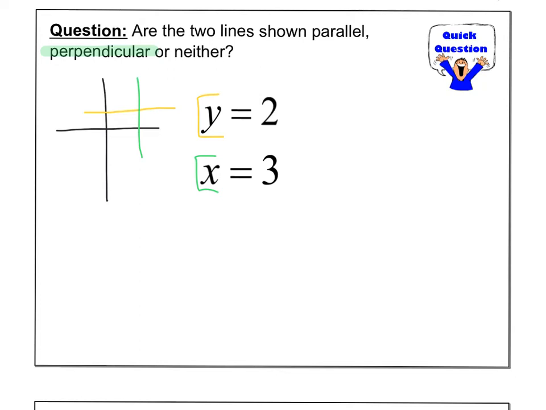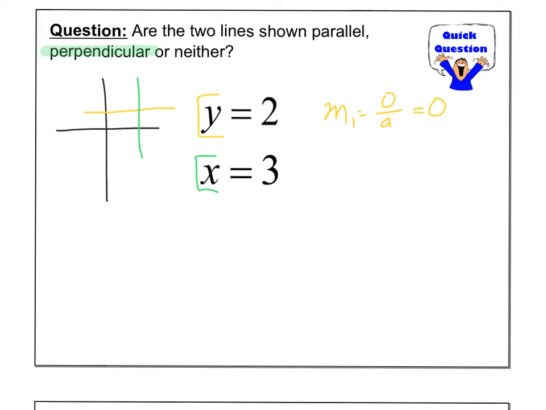Let's look at the slopes. So the slope of m1 is, well, it's a horizontal line, so the rise is 0 and it's over some number. Okay, so that means that our slope is 0.